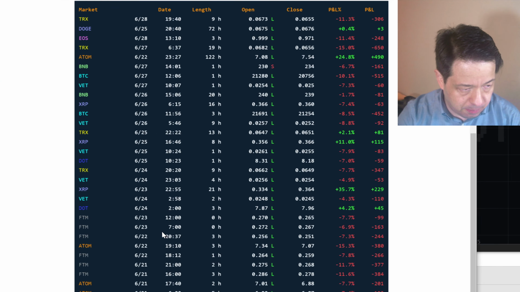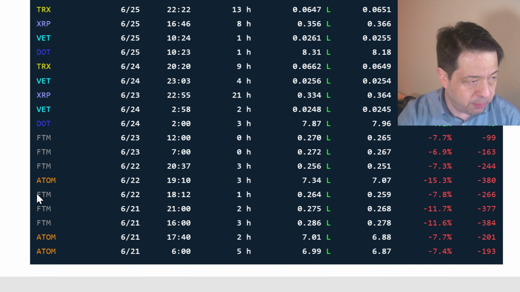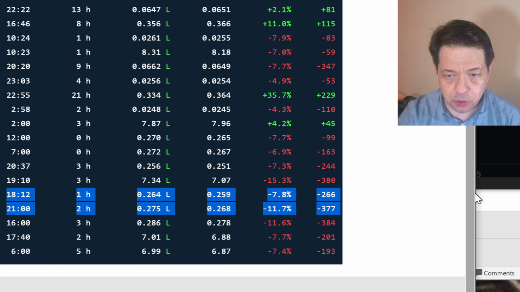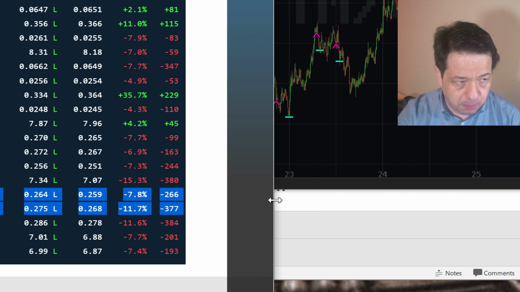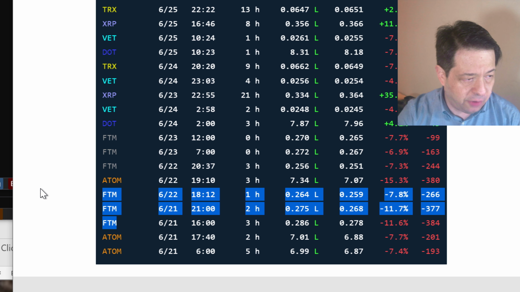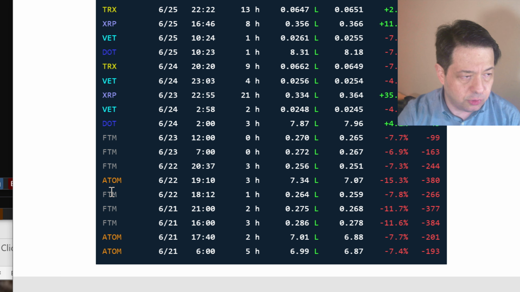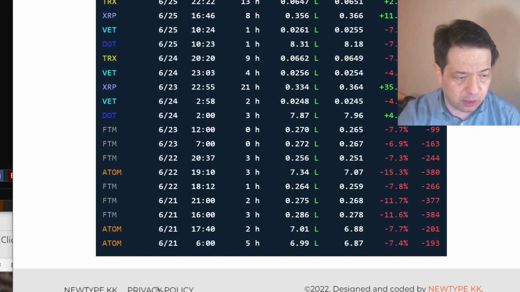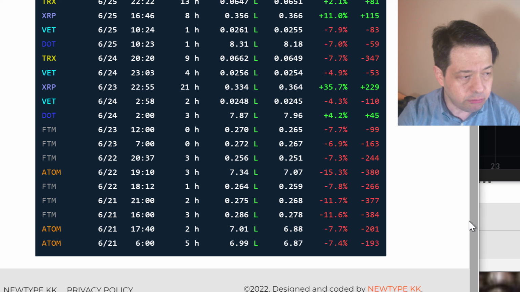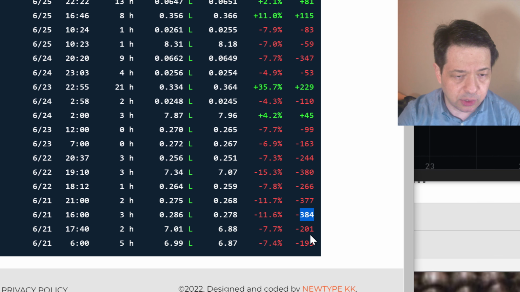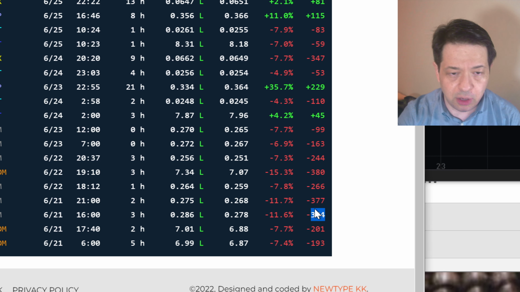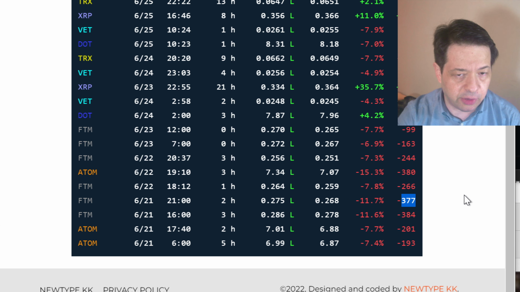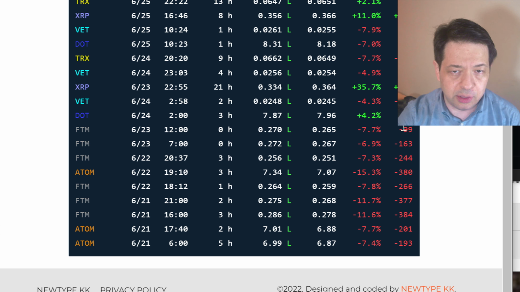So we can see here FTM. I think I should make this smaller. FTM, we have 1, 2, 3, 4, 5, 6 stop losses in a row. And the first loss was almost $400, 384, and then 377, 200, and then the last one was basically $100.